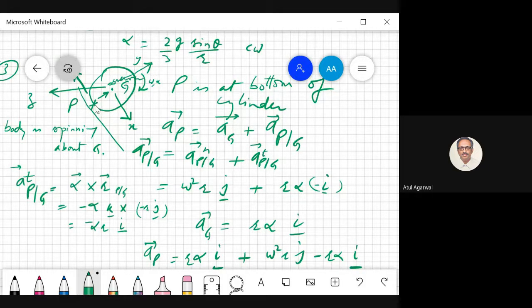Now when I am writing my rotational motion equation, this is being written with respect to this point P, which is having an absolute acceleration towards the center of the cylinder.